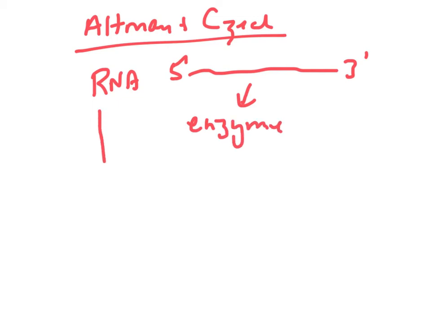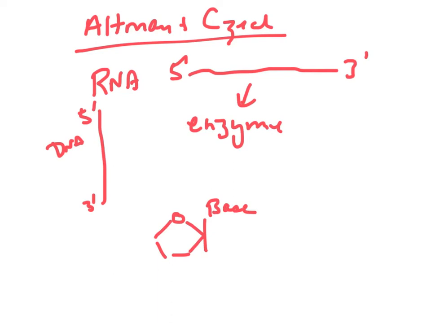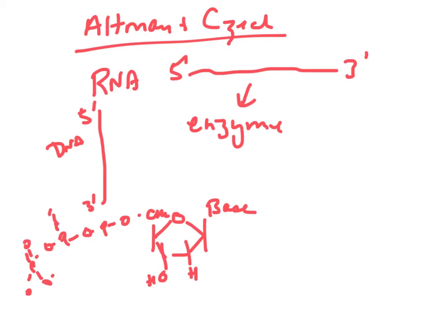to add, let's say this is a DNA molecule, and you have a nucleotide here. Here's our base. If this is DNA, you need to have an H and an OH and then a CH2, O, P, O, P, O, P, O. That's a double bond, that's a single bond.